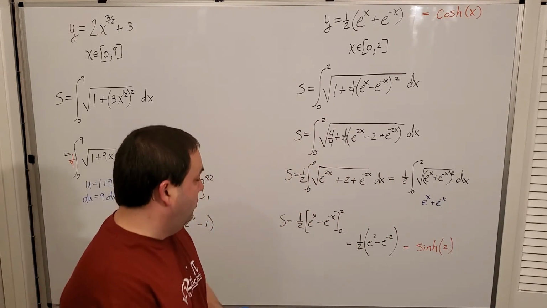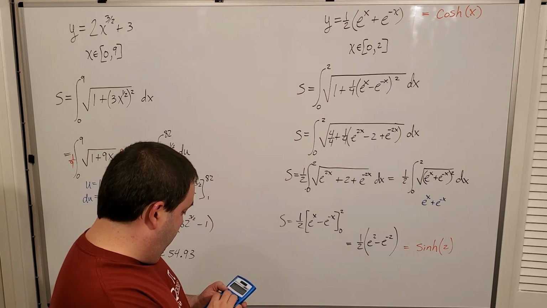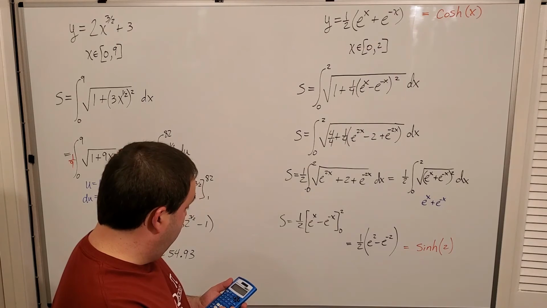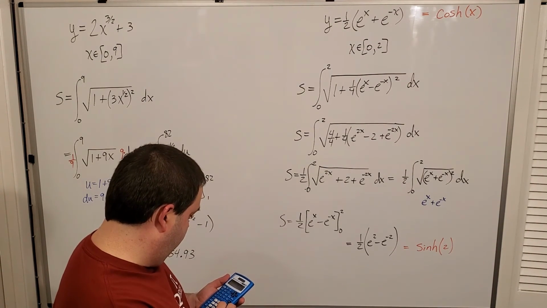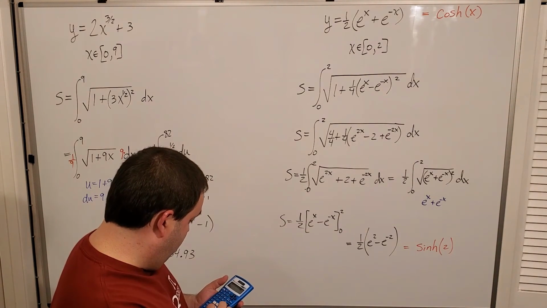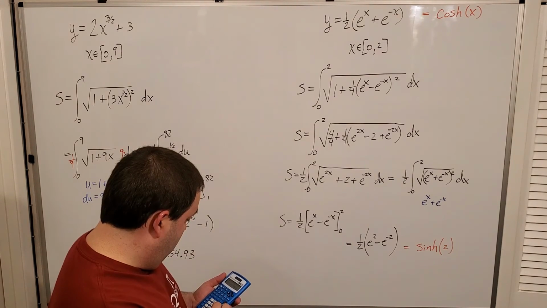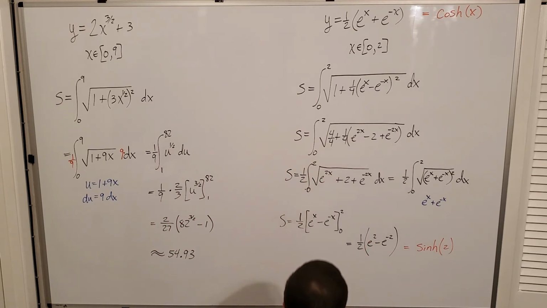Let's get a decimal approximation on that guy. e to the 2 minus e to the negative 2 divided by 2. 3.62686. So we'll say about 3.63. 3.63.